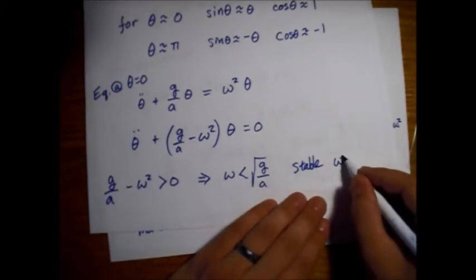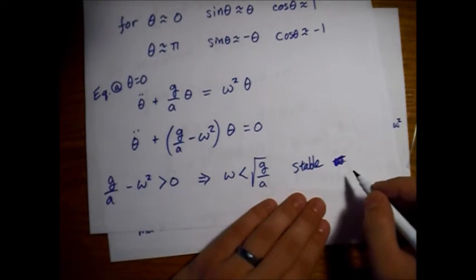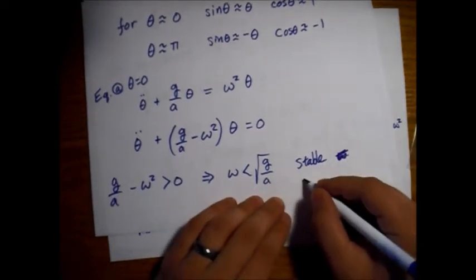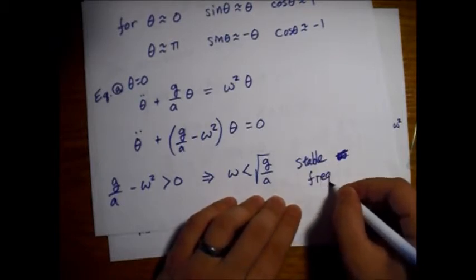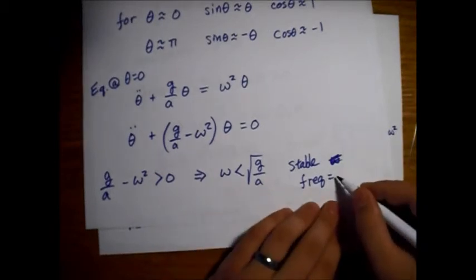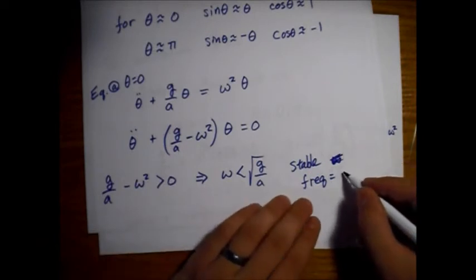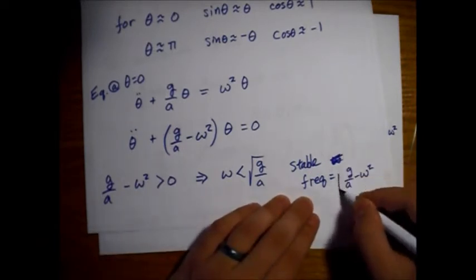Let's use a different symbol rather than omega. Let's just say frequency, whatever. Frequency of small oscillations is the square root of this piece right here. So the square root of g over a minus omega squared.